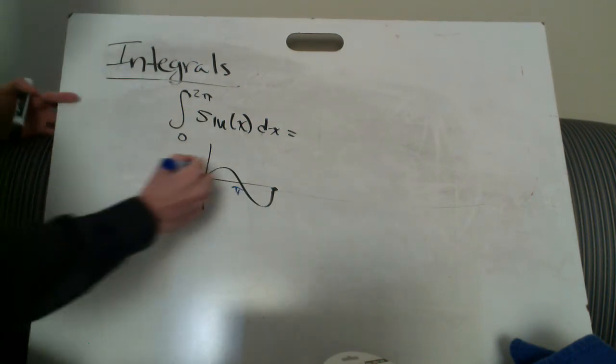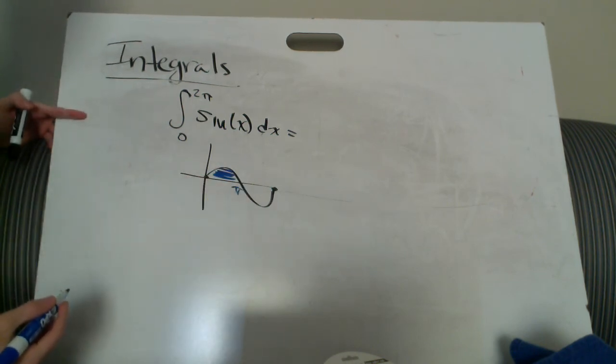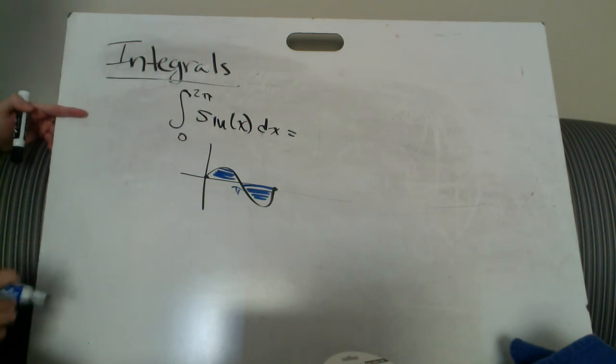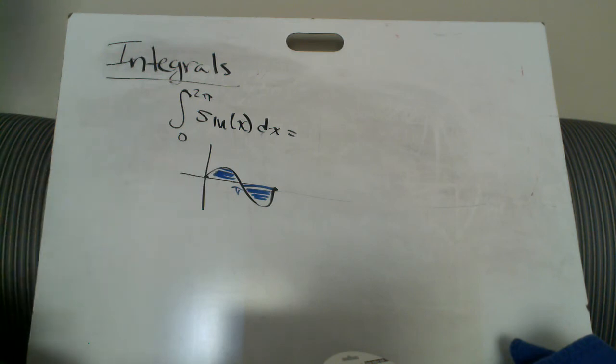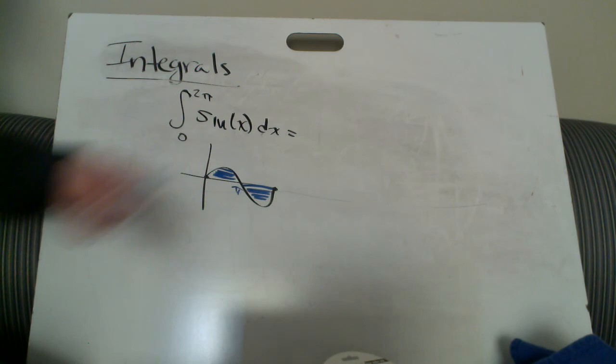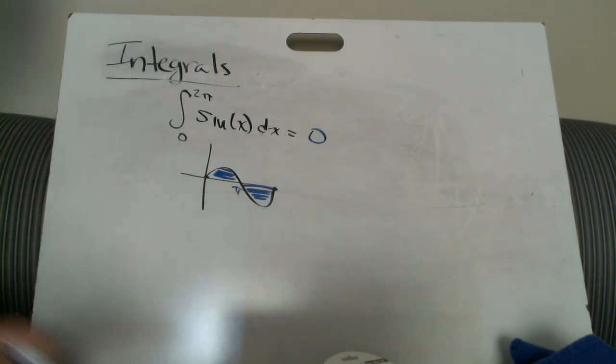And I also know that this region is exactly the same as this region, just that this one's reflected over the x-axis. So if I wanted to find this integral, I could say to myself, oh, I have this area above the x-axis and this same exact area below the x-axis, so this integral is going to be 0 for sure. Okay.